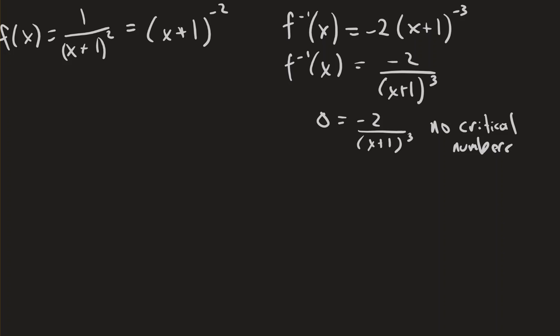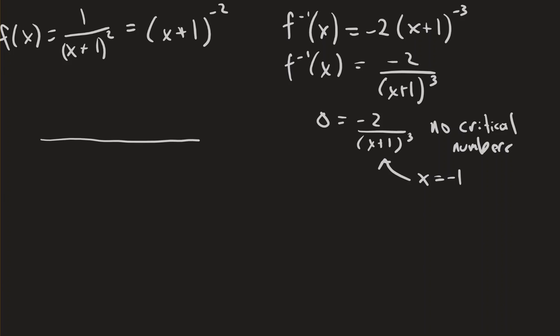Now, it could still be changing from increasing to decreasing if we have like an asymptote or some type of discontinuity. So where the denominator equals 0, I can see that would give me a vertical asymptote there. And so whether it's increasing or decreasing before that vertical asymptote, it's likely to be doing the opposite, increasing or decreasing, on the other side.